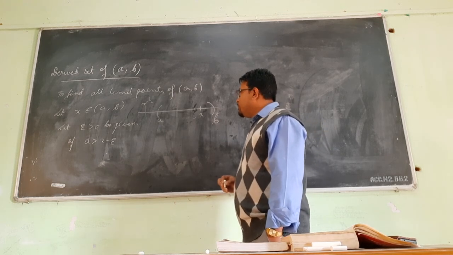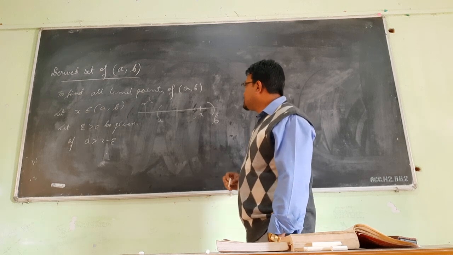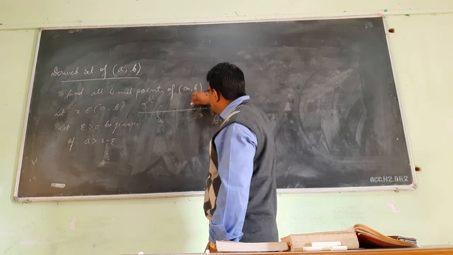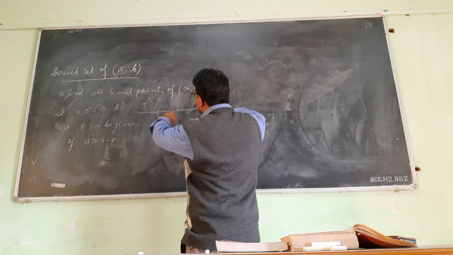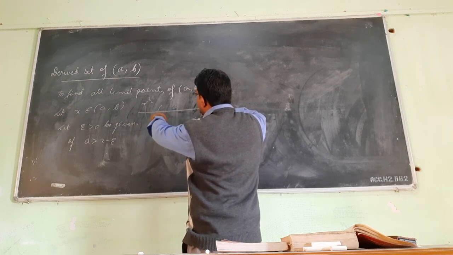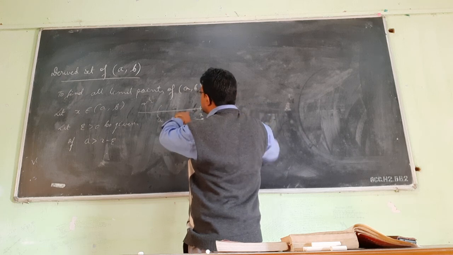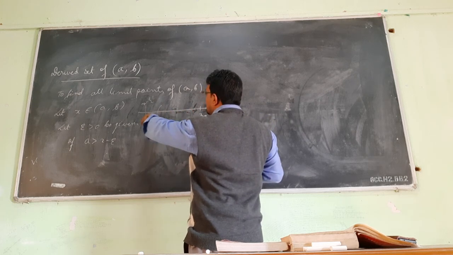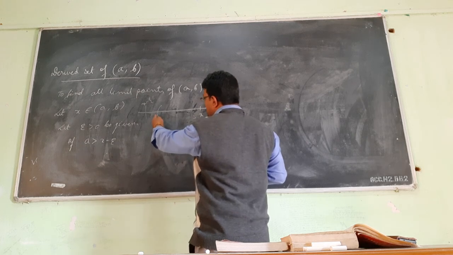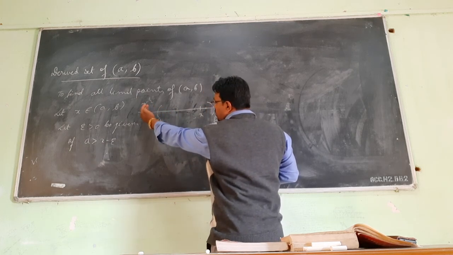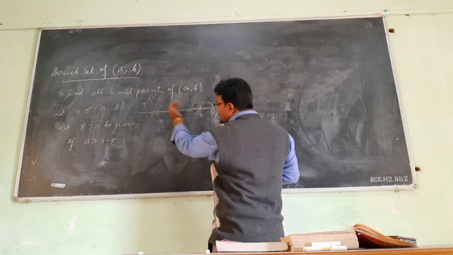So in that case, what we can say, we will consider one point inside this. How to consider one point inside this? If x minus epsilon is less than a, that means I have to consider points which are greater than a.